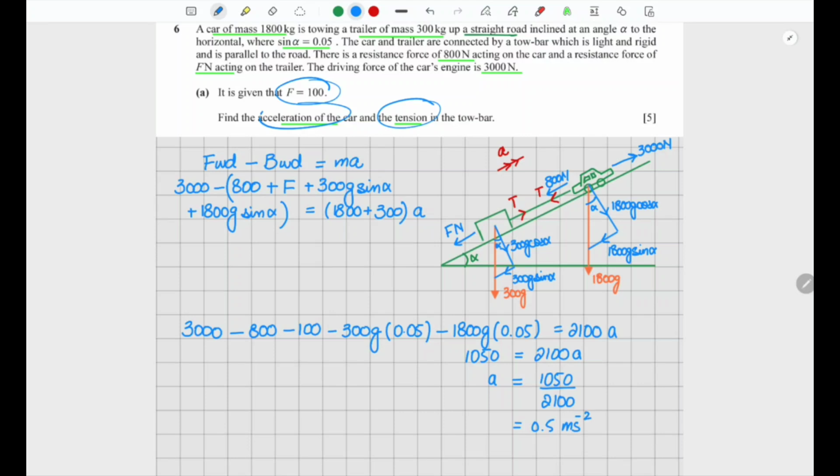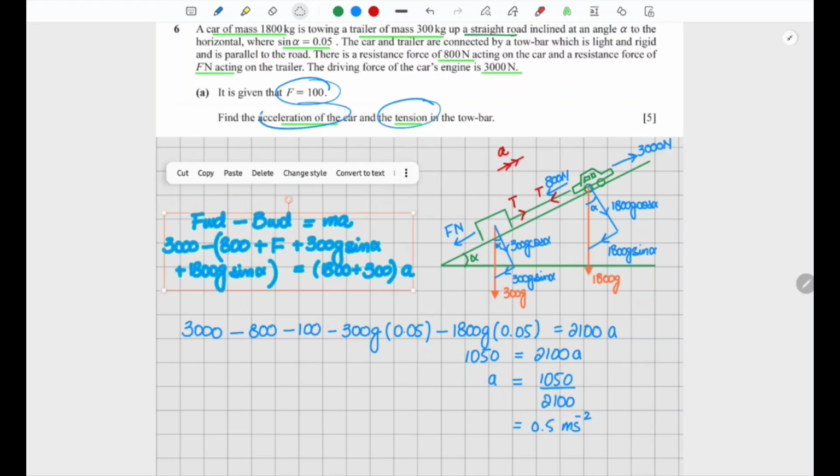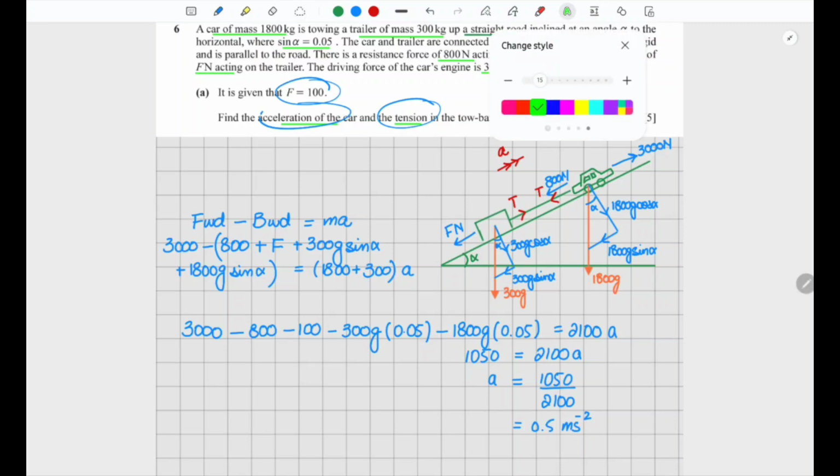Now we need to find the tension in the tow bar. When we took the whole system, we did not consider the tension because both tensions cancel out. But if we apply forward minus backward on any one of the bodies, then we can find the tension from it.